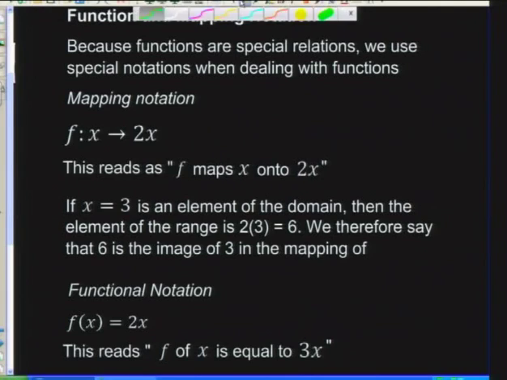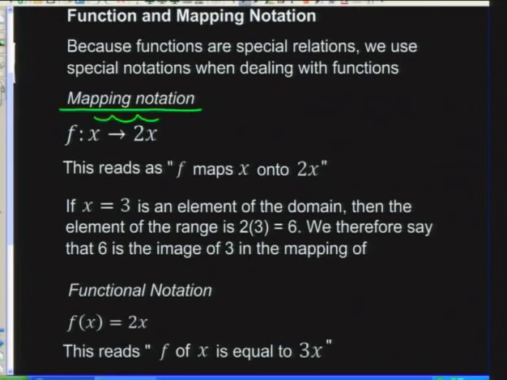Let's just have a look over here. This is our mapping notation, and this is what it looks like, guys. We've got f semicolon x is mapped onto, and we show that just by a little arrow, to 2x. So as you can see what it says here, this reads f maps x onto 2x. So if x is equal to 3, is an element of the domain.